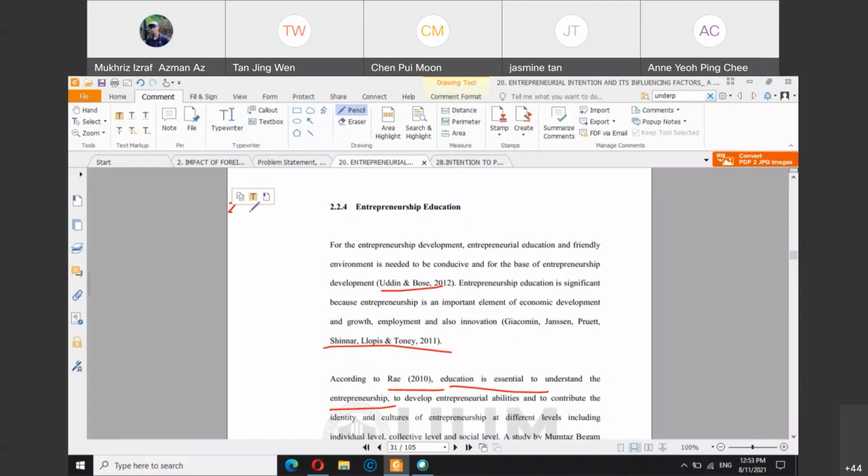The more recent, the better. Because if you don't refer to the latest articles, it means you have not done a proper literature review. Literature review means you go for the most recent one first, paling terkini: 2020, 2021. If you cannot find 2021, you go down to 2020, then if there is no 2020, go one year lower, 2019.